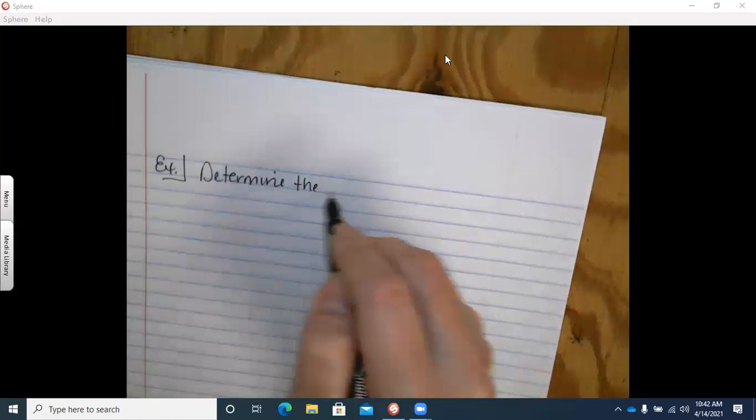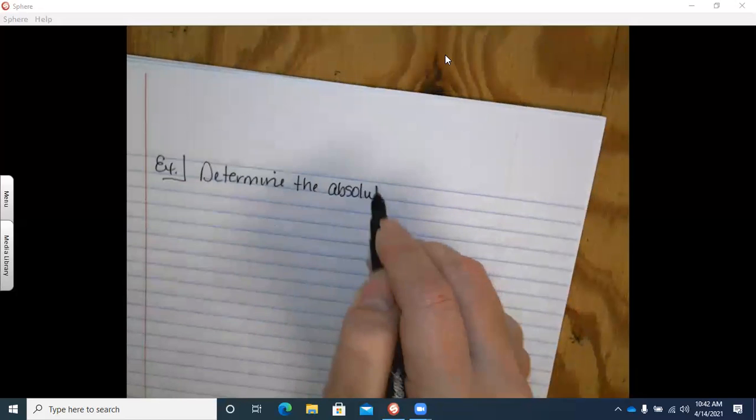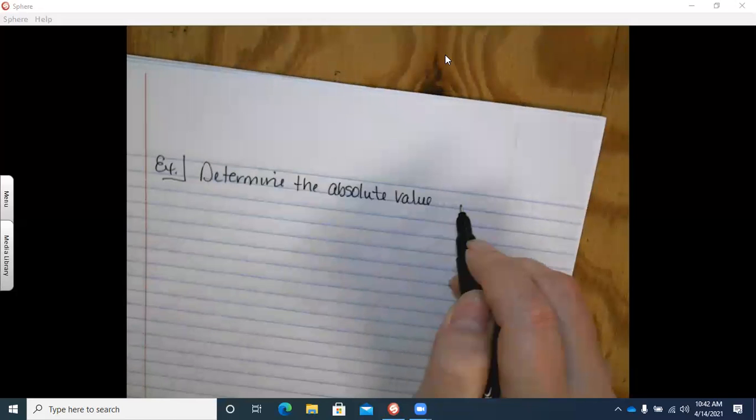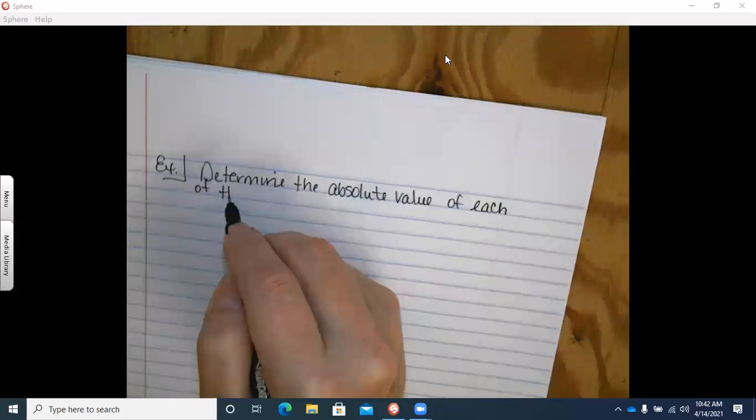All right. So in my next set of problems, we are going to determine the absolute value of each of the following complex numbers.